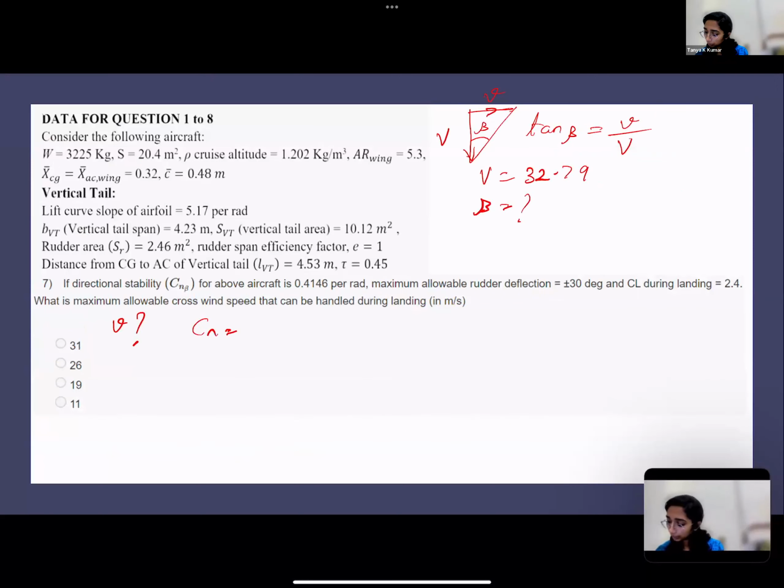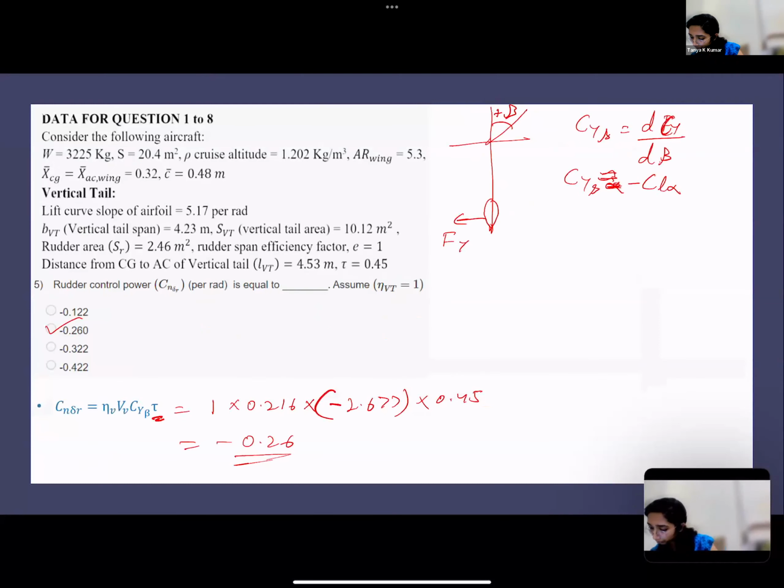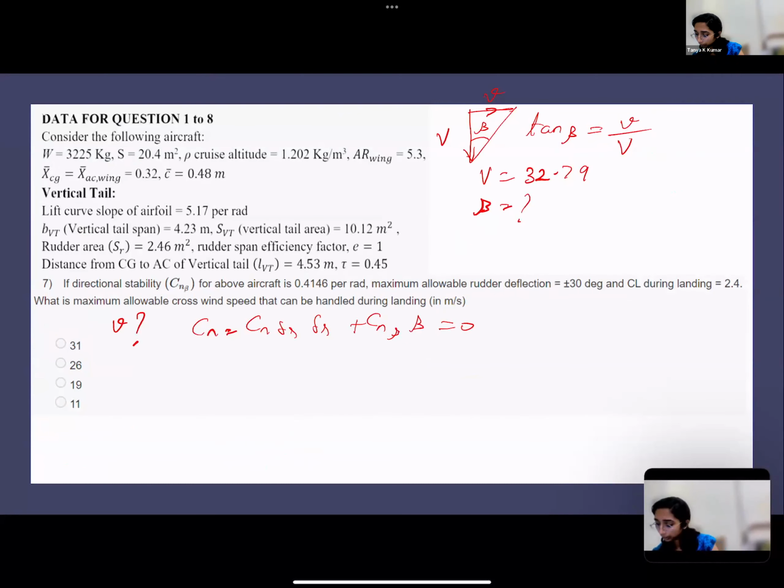So you take the Cn equation: Cn delta R into delta R plus Cn beta into beta should be 0, right? Cn delta R, we had found out, is minus 0.26. Delta R maximum range is 30 degrees. So let's just take 30, plus Cn beta is 0.4146 into beta is 0.